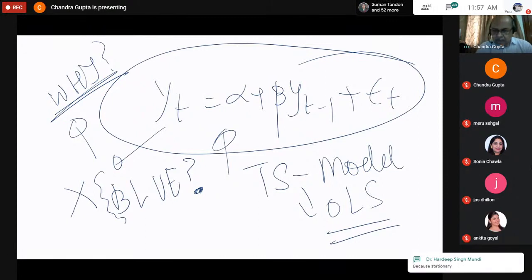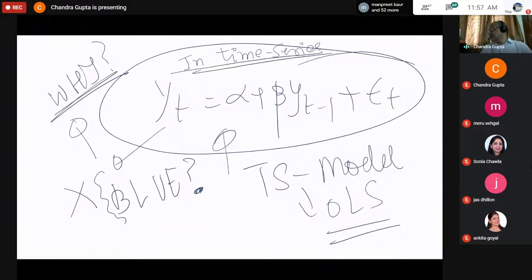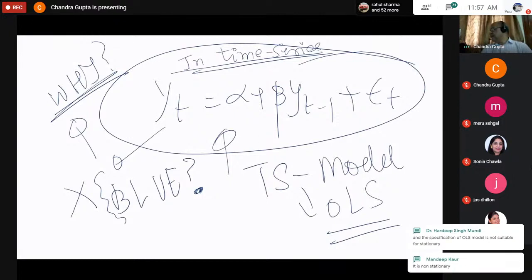No, that's not the problem. The dependent variable can have its own lag in the model. That's not a problem in time series. And please mind my words, I'm saying in time series. In panel data, it may create a problem, but in time series, it doesn't. Dr. Ratip Singh is saying because of stationarity, but the question is why.